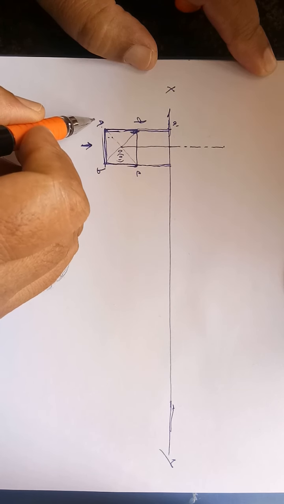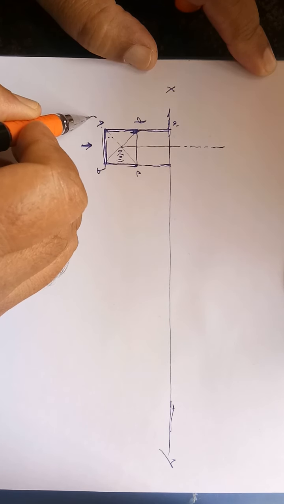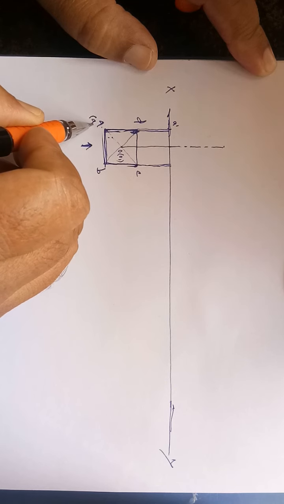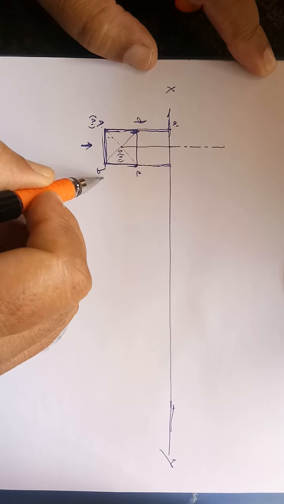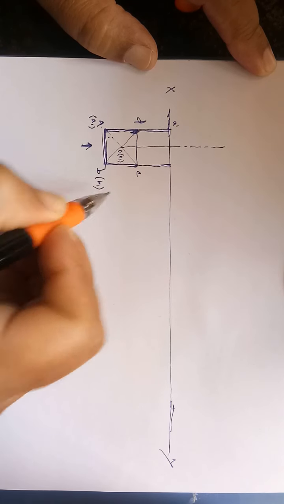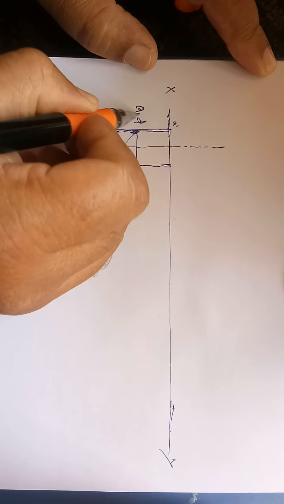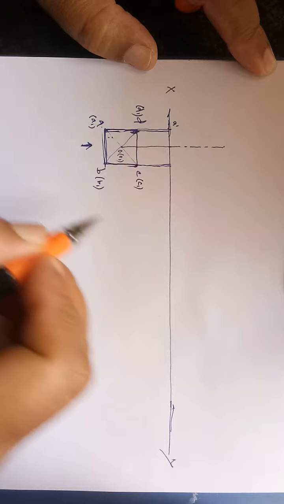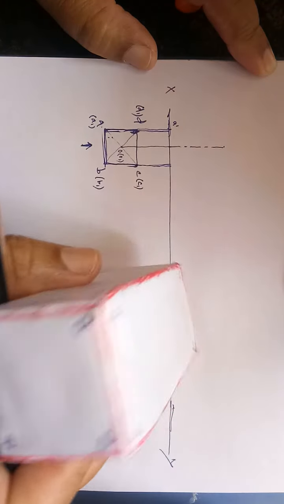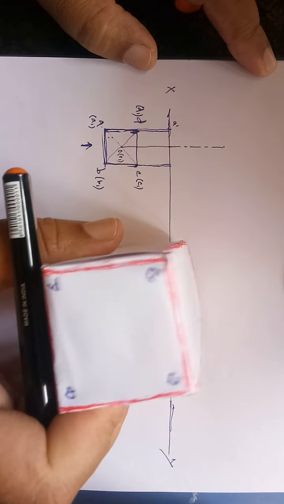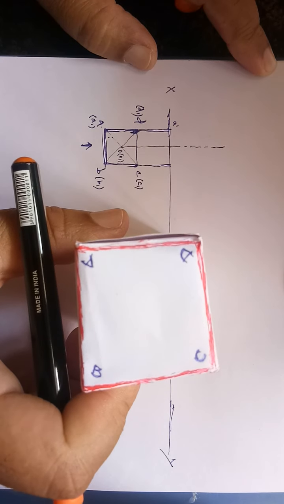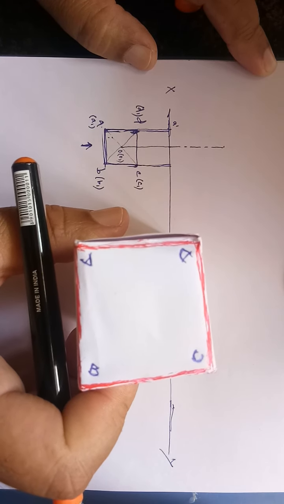Oh, we forgot to write the invisible corners here, the base corners. This is A1 in brackets, B1, C1 and D1. So these are the invisible corners, that is the base, okay, which is exactly below the top base. So from the top view it will not be visible.